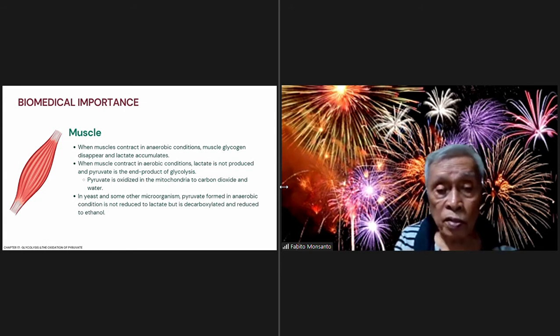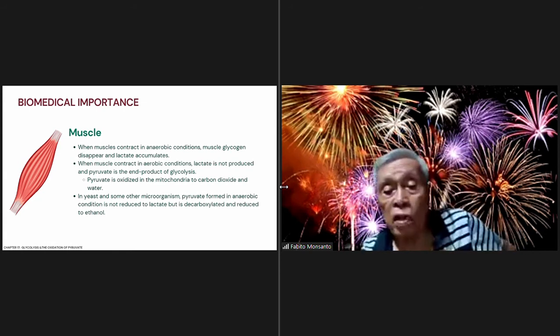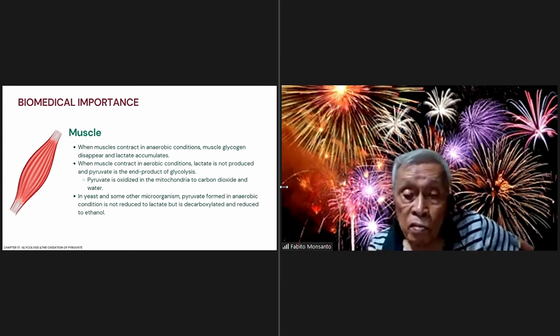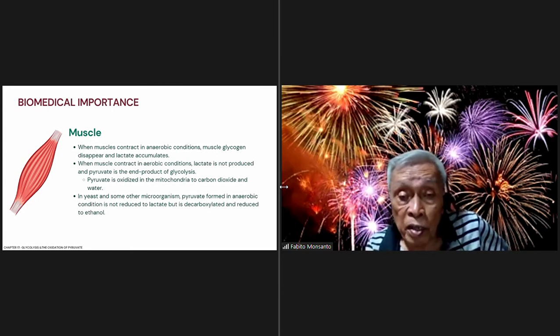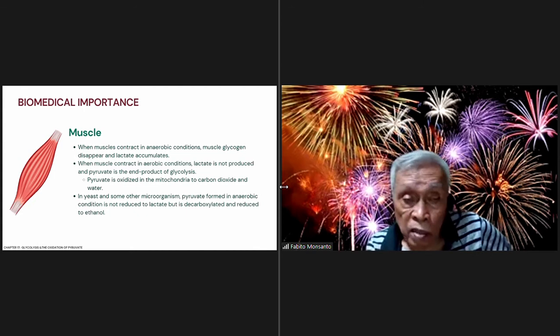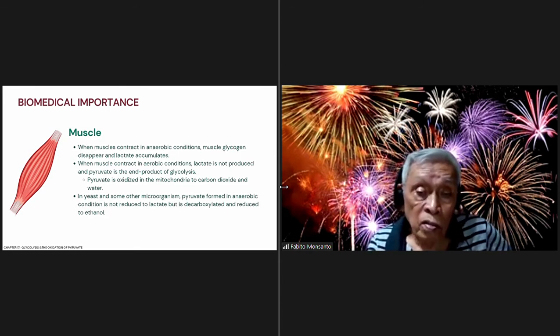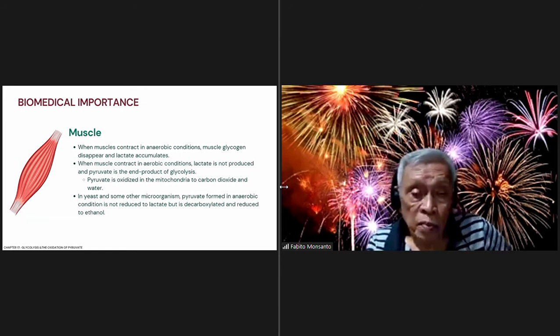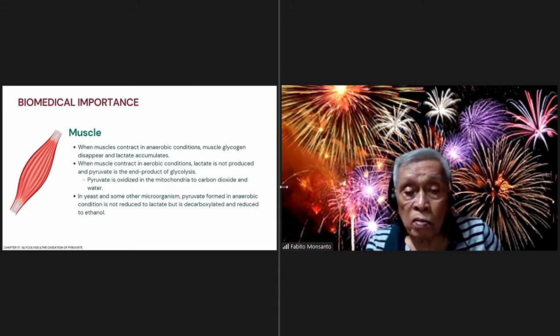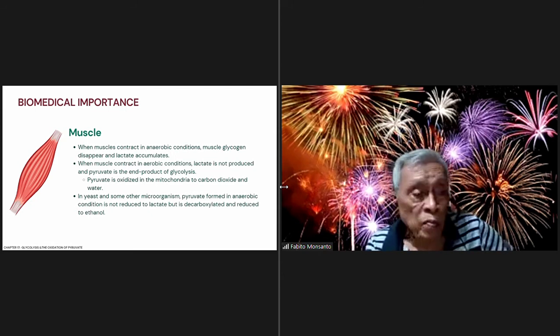Okay, so it says here, muscles contract in anaerobic conditions, muscle glycogen disappears, and lactic acid accumulates. That's good, no? You know that is why you will have lactic acidosis later on. And this brings about cramping of the skeletal muscles when you have so much lactic acid.